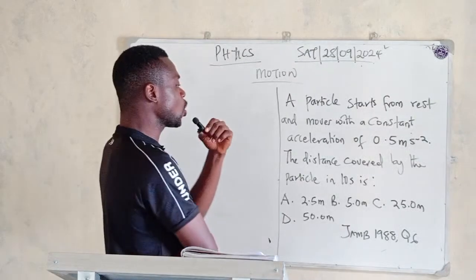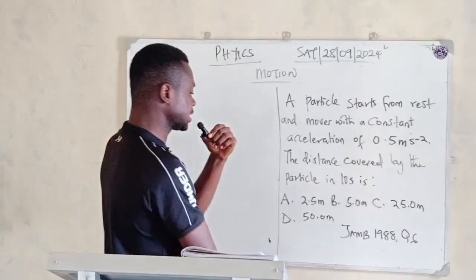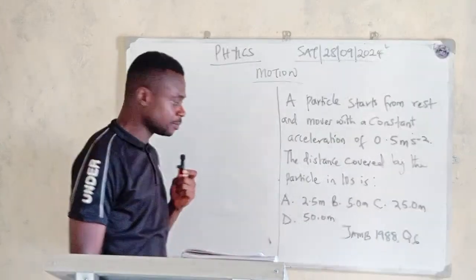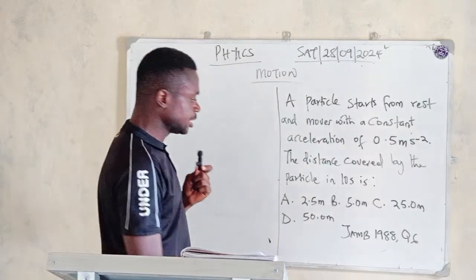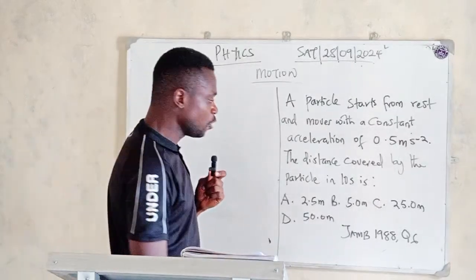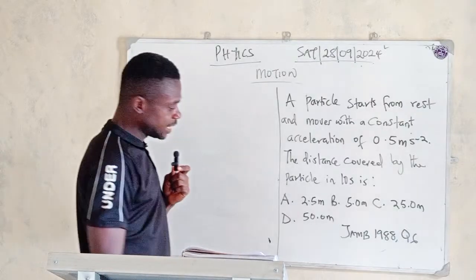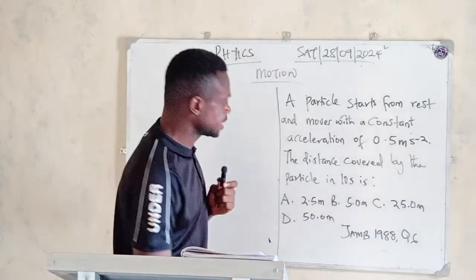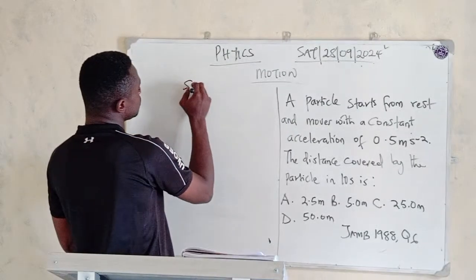The distance covered by the particle in 10 seconds is A, 2.5 meters, B, 5.0 meters, C, 25.0 meters, D, 50.0 meters. JAMB 1988, question 6.